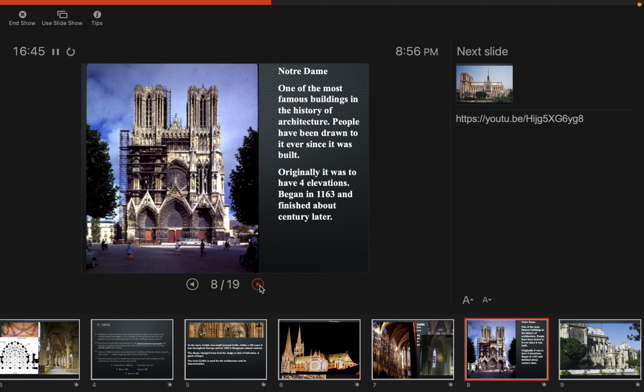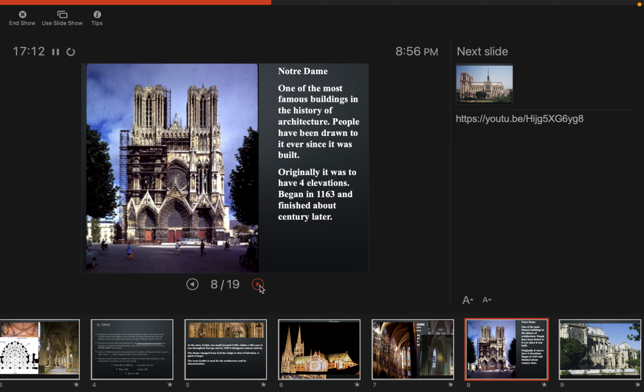Probably the most famous cathedral is Notre Dame. People have been drawn to it ever since it was built. Originally, it was to have 4 elevations, so 4 levels, 4 stories. It began in 1163 and finished about a century later. Sorry.